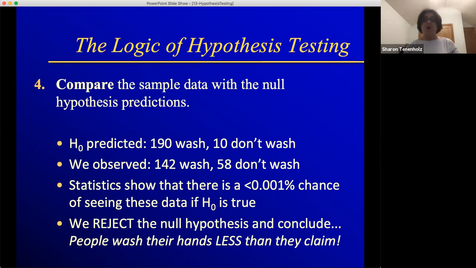If there's a low probability of those data occurring if the null hypothesis is true, we say, nope, that null hypothesis is almost certainly not true. So we look at our alternative hypothesis as the correct explanation for what we are seeing.